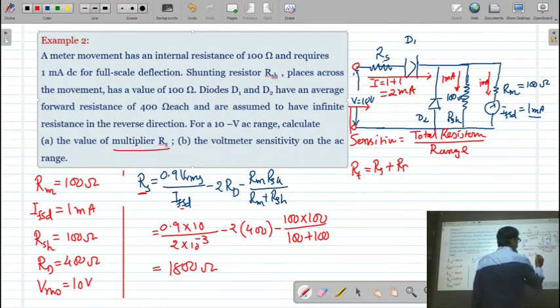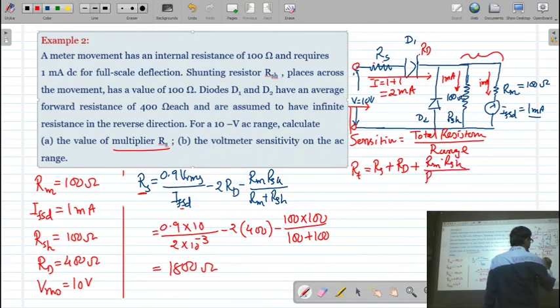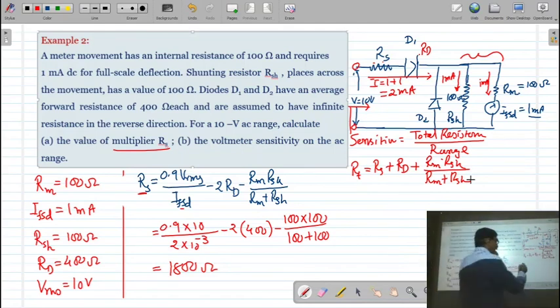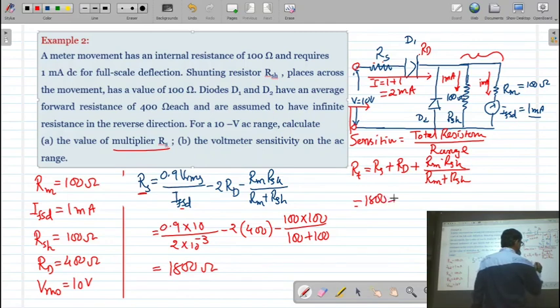The resistance of the diode is RD, then Rs, RD, and then the parallel combination of Rm and RSH, that is Rm into RSH divided by Rm plus RSH. Using this you can calculate the total resistance, and Rs we have calculated as 1800, plus the diode, that is 2 RD, sorry, 1 RD.